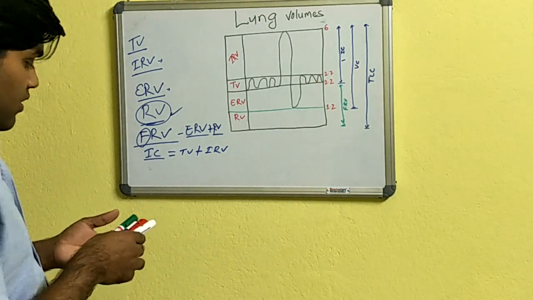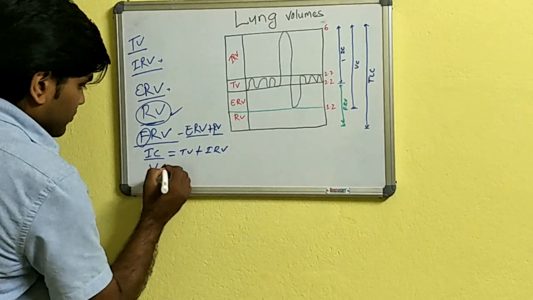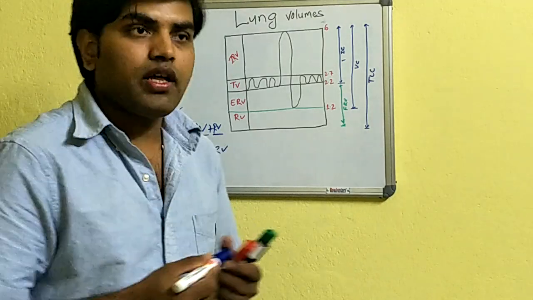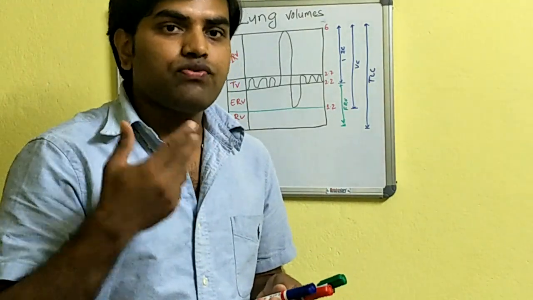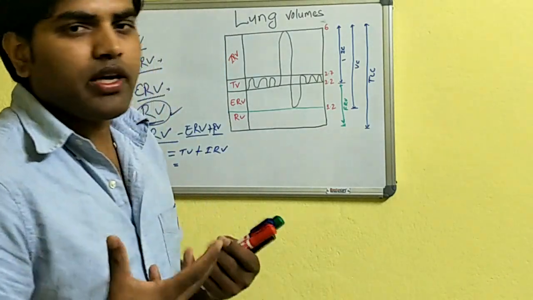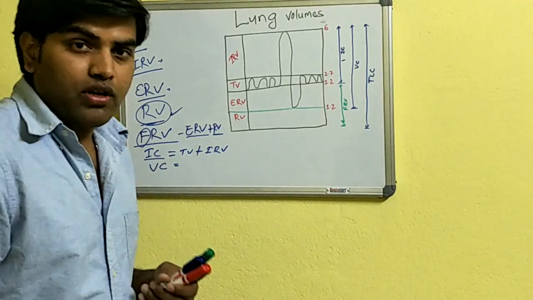Now come to the vital capacity. What is vital capacity? Vital capacity is the amount of air that is expired forcefully after maximum inspiration. It is the total capacity, the power of the lung, you can say.